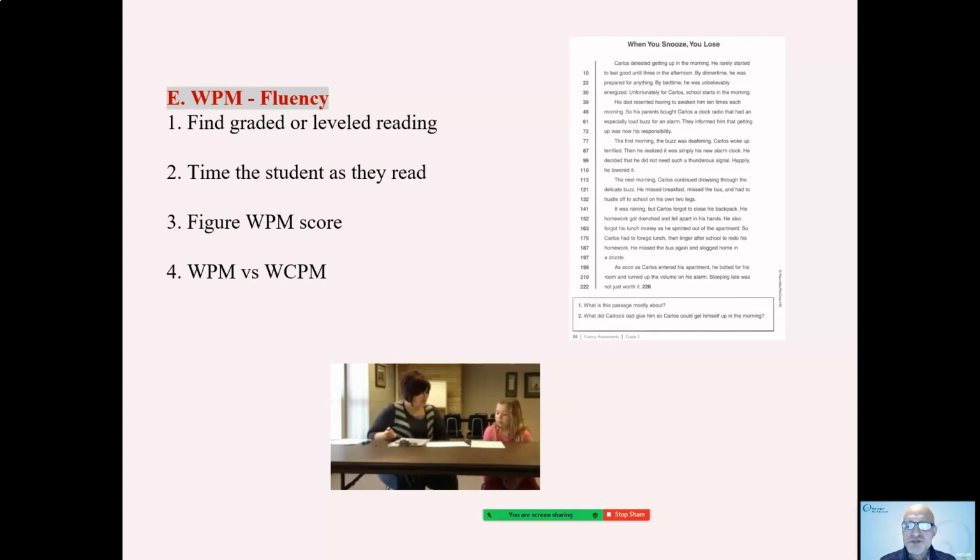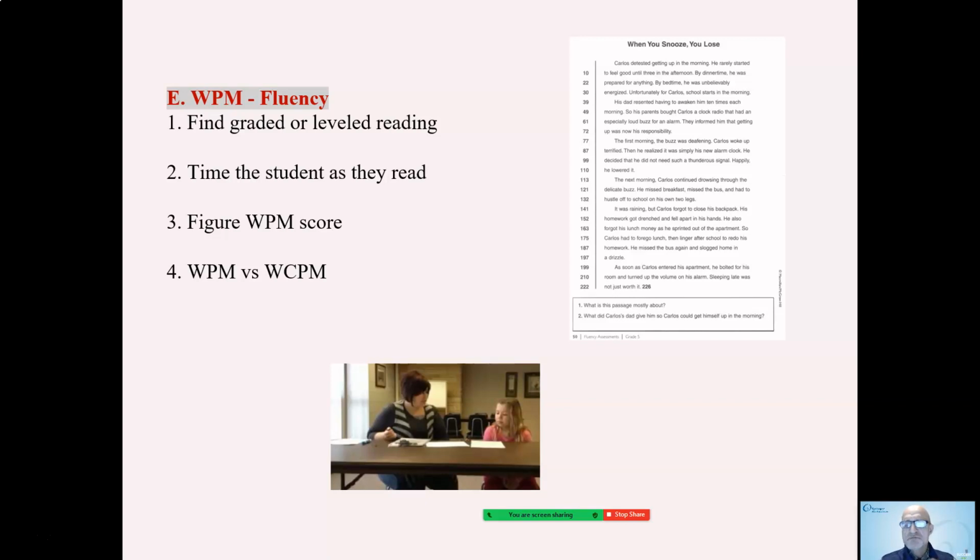So we want students to slow down when they're reading hard or expository text. What we use words per minute scores for is just to give us a sense of progress monitoring, to see where they're at. And as we're listening to reading fluency, we're also making marks in the margins about prosody.